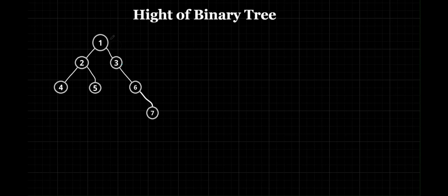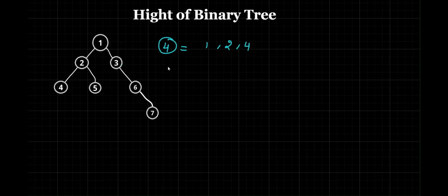With that, what I mean is, see, here we have three leaf nodes: 4, 5 and 7. If you see their paths, let's suppose I take leaf node 4. To reach node 4, we first start with 1, then 2, and then 4.